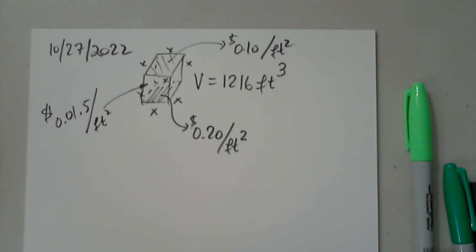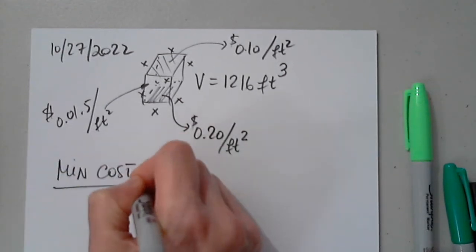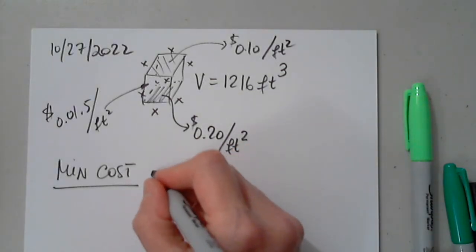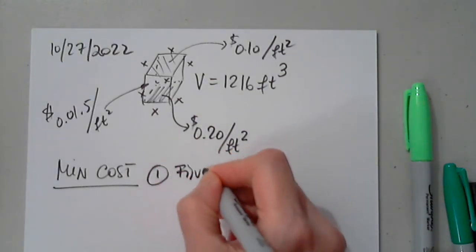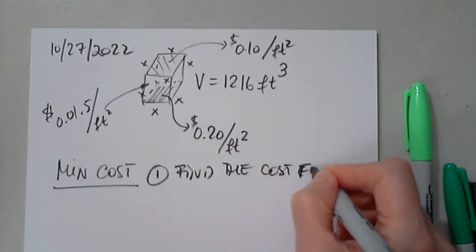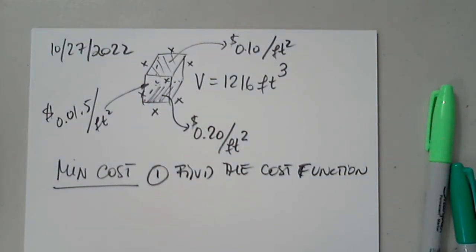What dimensions will minimize the cost? So we're asked to minimize cost. In order to minimize cost, I have to have a function that is the cost. So number one, find the cost function.